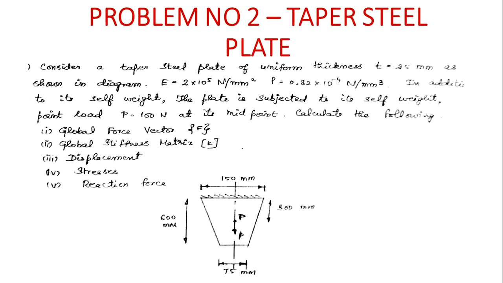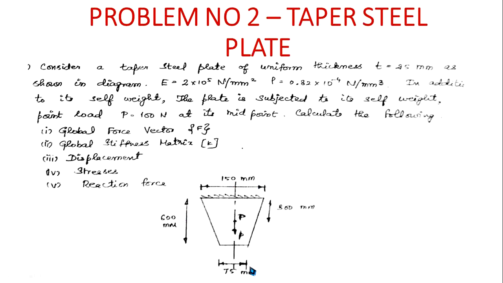In addition to its self weight, the plate is subjected to a point load of 100 Newton at its mid. They have asked to calculate the global force matrix, stiffness matrix, displacement, stresses, and reaction force.